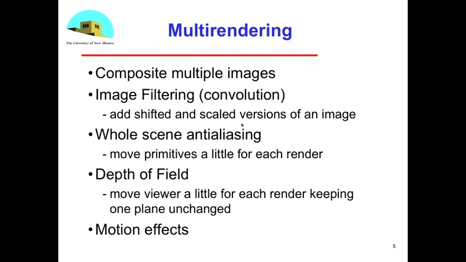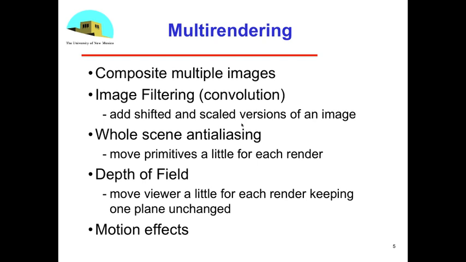Given the two examples I just gave you, if you multi-render with an object moving, each time you render it, that object is in a slightly different position, but all the other things that are not moving are the same. You composite them all together, and you see this blur. And you could render it slightly darker for the older things, so you get an idea of what direction the motion is going in.